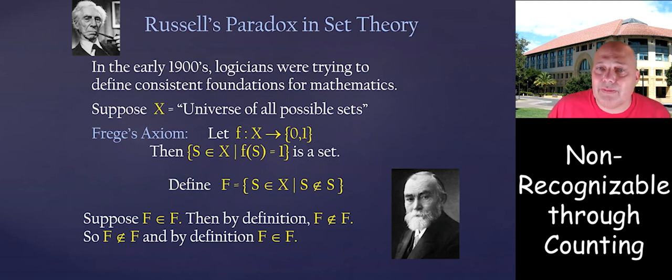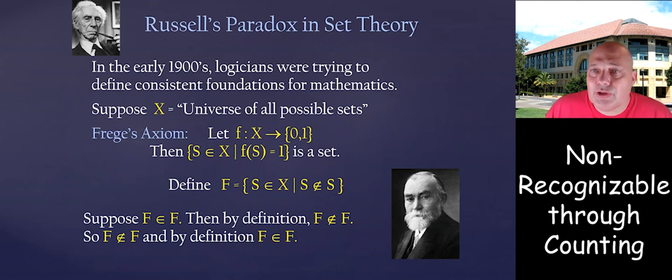So if you think about this function F over this domain X of all possible sets, which is 1 if S is not in S, then we get by Frege's axiom another set F.